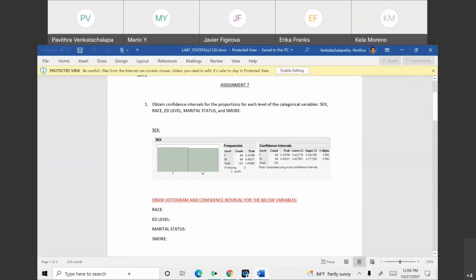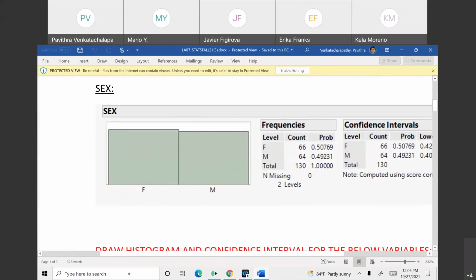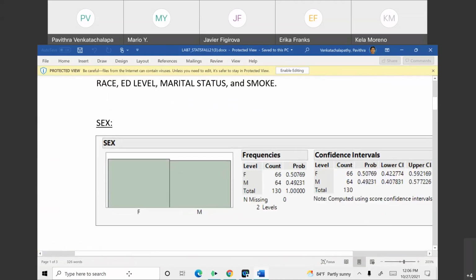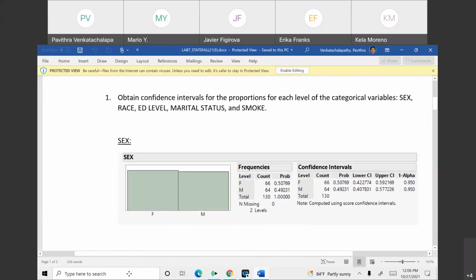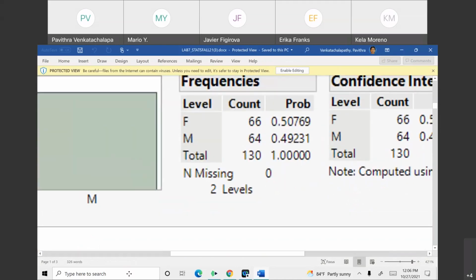Now this is a categorical variable. I have plotted histogram only for one variable. Okay. Now, how do you check whether confidence interval is valid or not? So here, if you can see under frequencies, the count gives you the sample size of female and male. Okay.